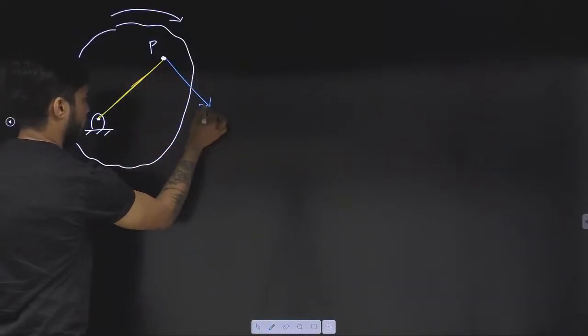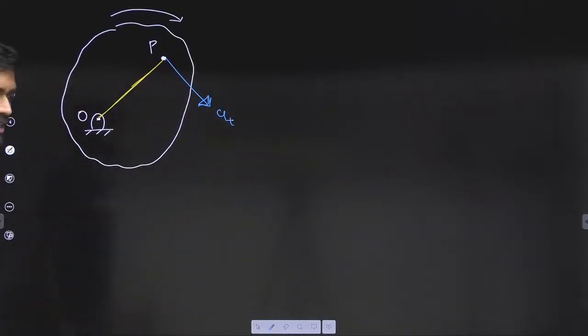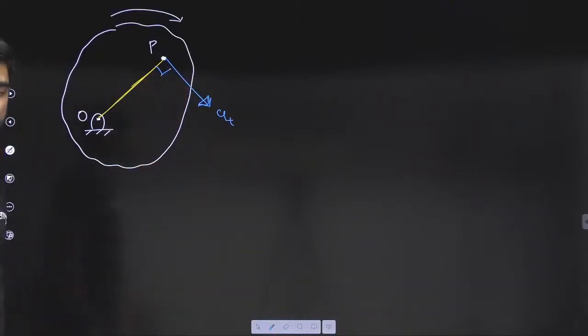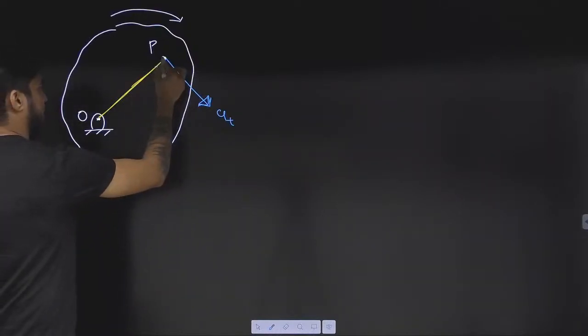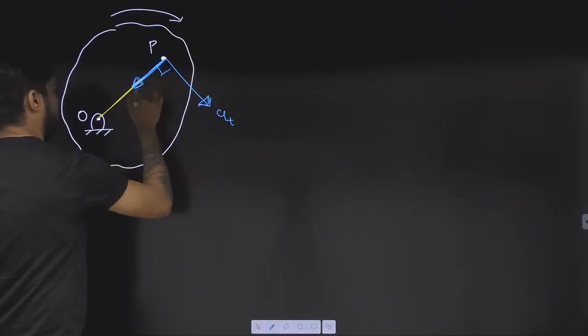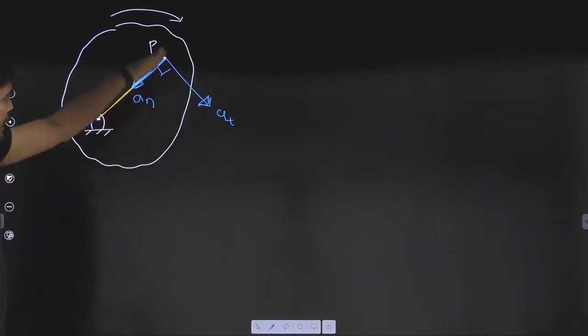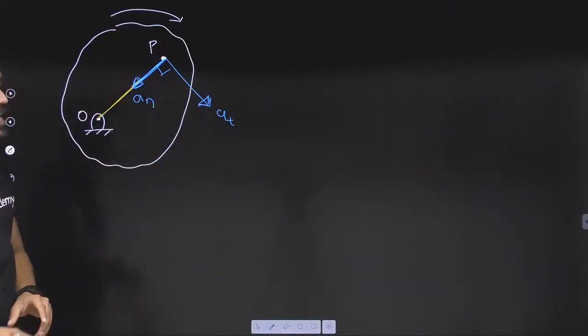It will be perpendicular to this line, just like velocity. Now the direction of an will be very simple, towards the center of rotation. at is perpendicular to this line and an will be along this line, towards the center of rotation. So this is the direction of at, and this is the direction of an.